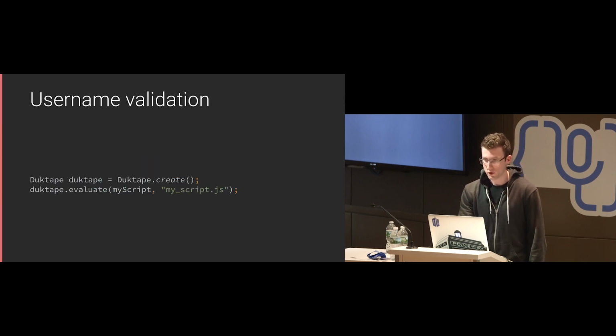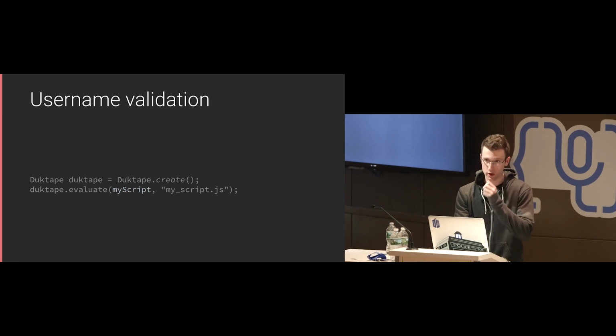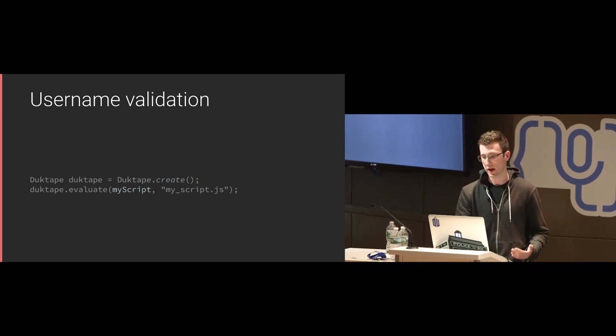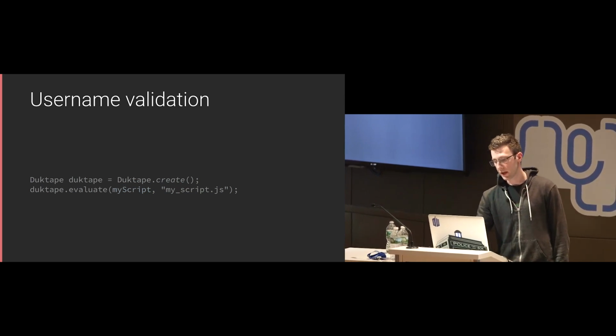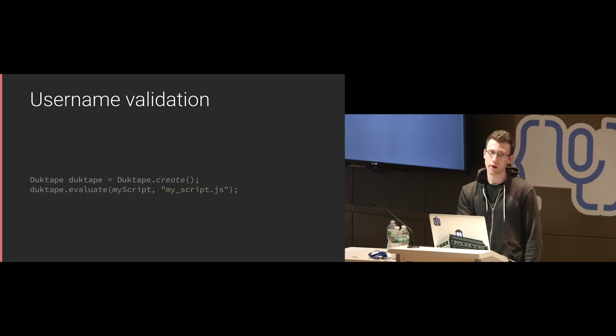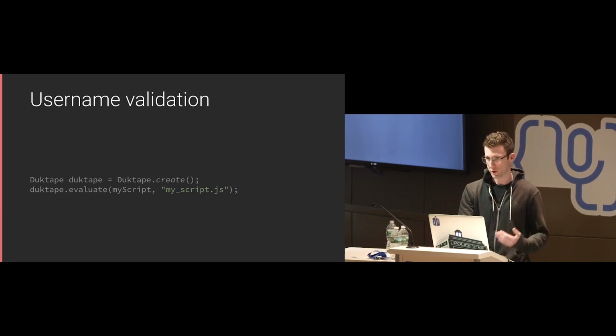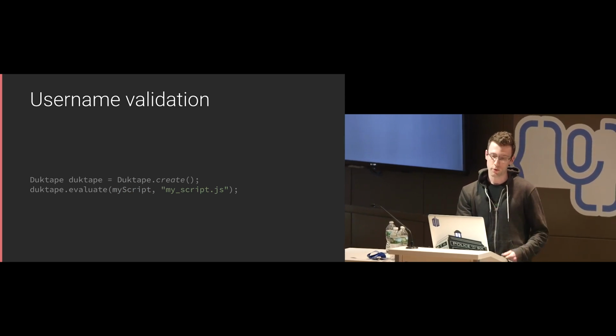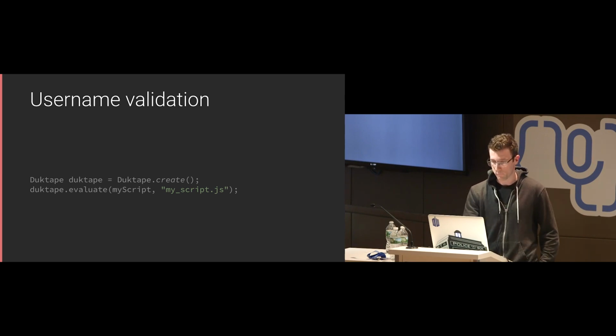So in your Java, you just create a new Duct Tape instance, and then you call evaluate. And the first variable you pass in is your script. It is the function that I showed you earlier as a string. And then the second parameter is an optional name that is used for stack traces. So if your JavaScript throws an exception, Duct Tape Android will synthesize the stack trace to go through the JavaScript that you provided.